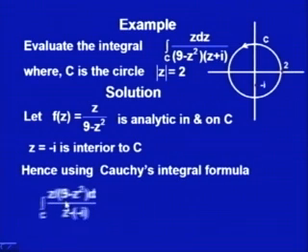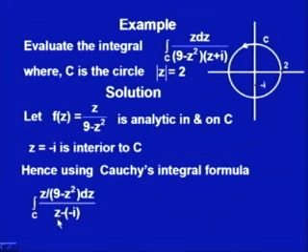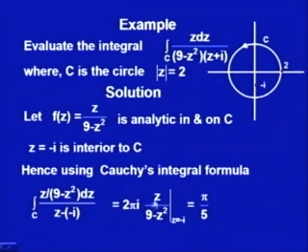So, using this Cauchy integral formula, the function f(z) is z upon 9 minus z squared, and here it is z minus of minus i. This should be 2 pi i f(z naught), where f(z) is z upon 9 minus z squared at z equal to minus i.